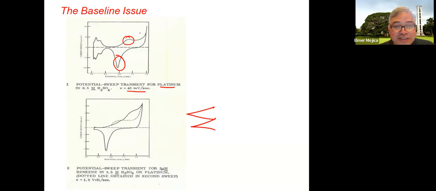So we could say there are species that undergo reduction, and when you reverse the direction, some of that undergo oxidation. But in addition to that, there are other species that also undergo oxidation. Now remember, what could that be?